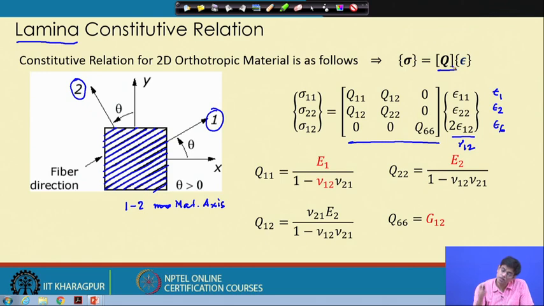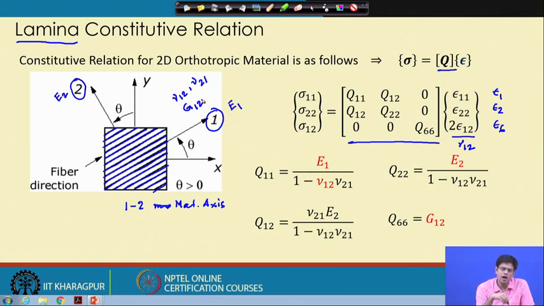Now, if I write this Q matrix in terms of engineering constants, in the fiber direction there is Young's modulus E1, and E2 will be Young's modulus in this direction, then the Poisson's ratios nu 1 2 and nu 2 1, and then the in-plane shear modulus, which is G 1 2.